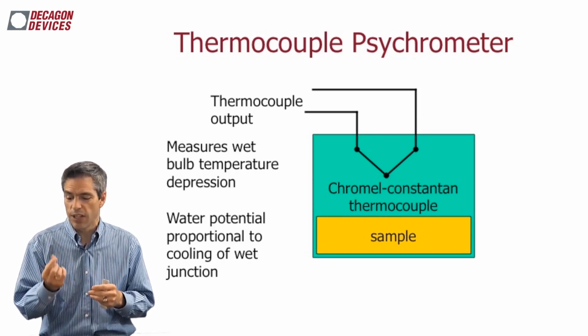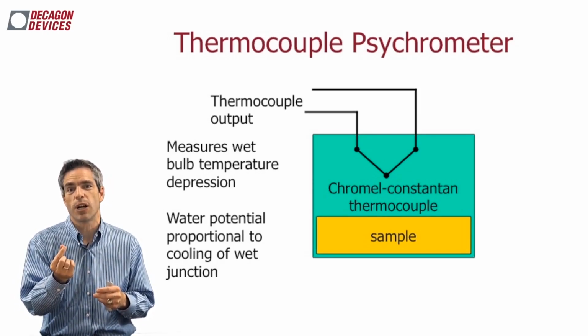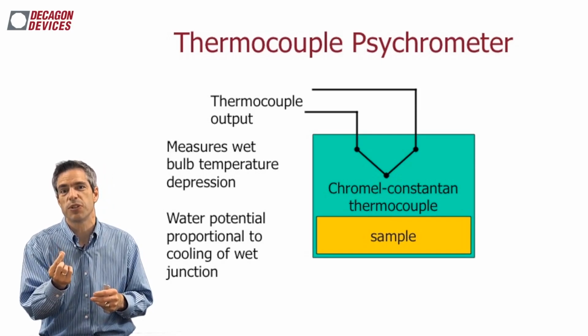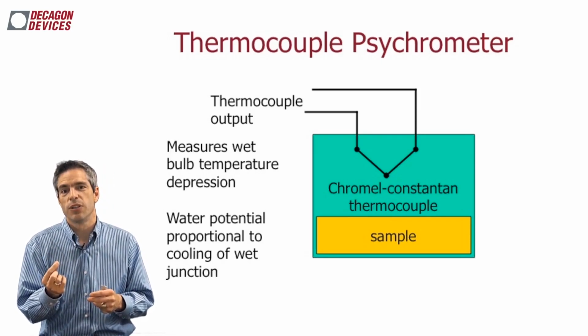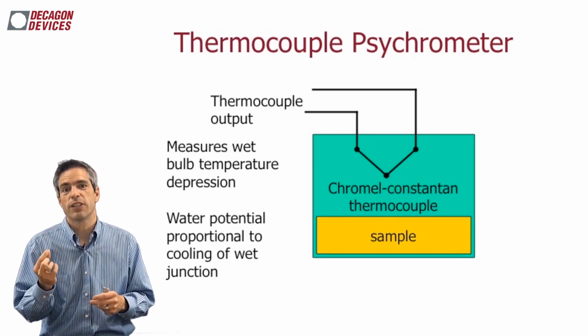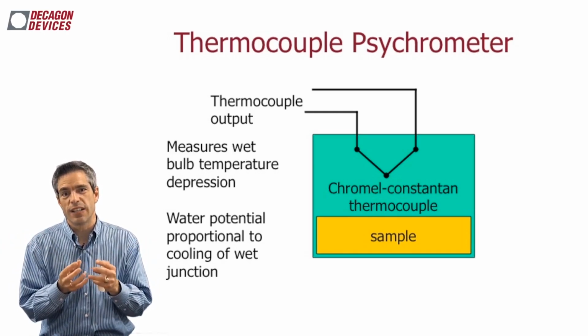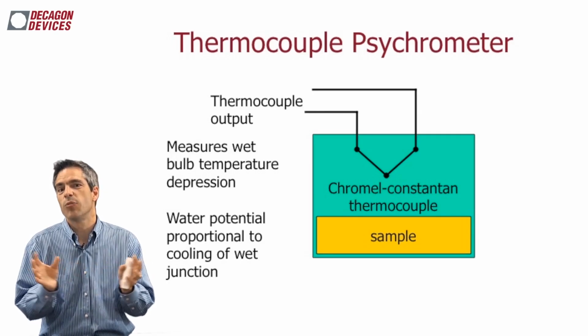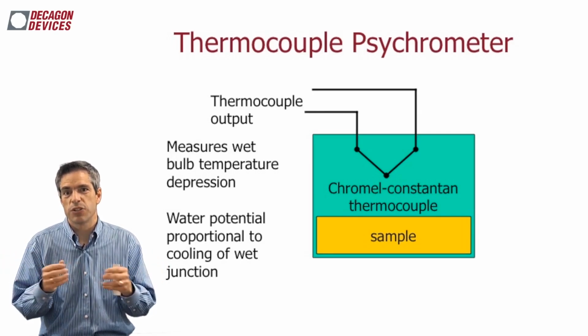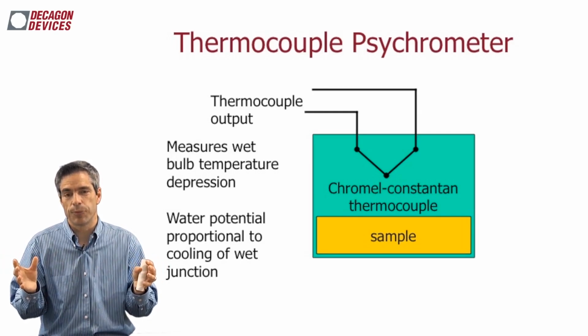And what happens is we take this thermocouple, this very small temperature sensor, we cool it down using a voltage that we move through there. When it gets cooled down, water condenses on that thermocouple, and then we stop the cooling and just leave it sit in the air above the sample.